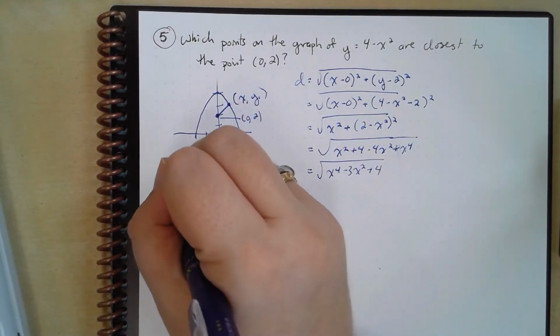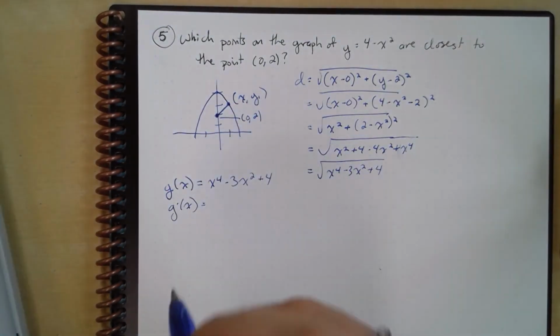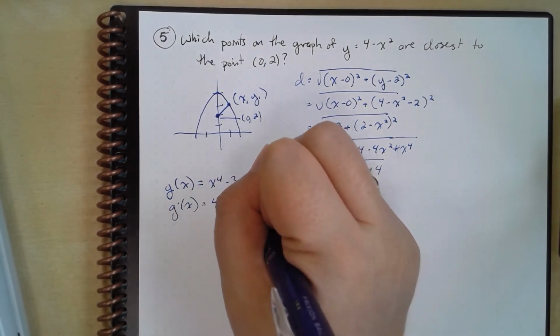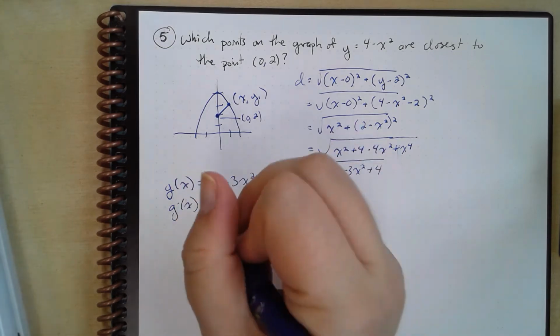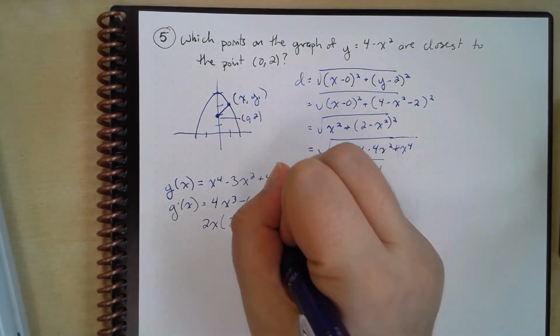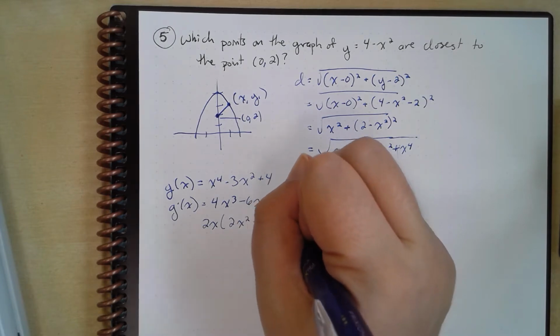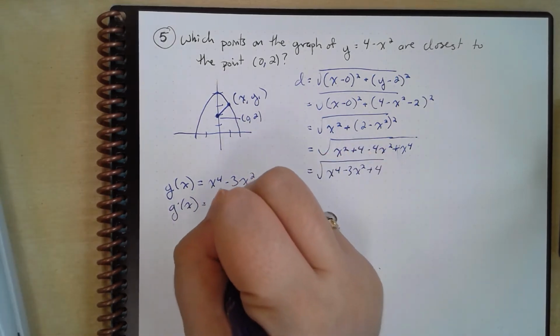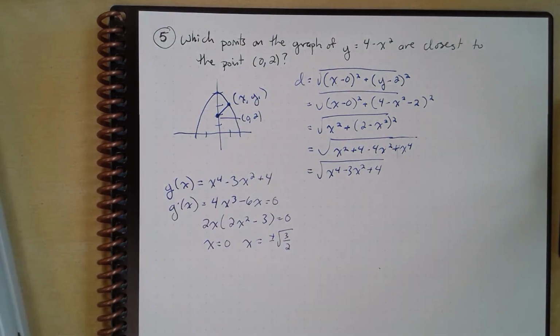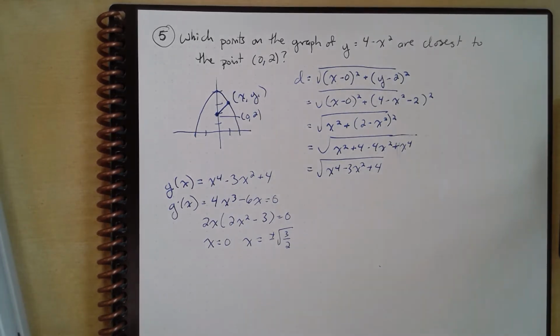So g prime of x is 4x cubed minus 6x, and I can set that equal to 0. So I take out a 2x. I'm left with 2x squared minus 3 is equal to 0. So x can be equal to 0, or x could be equal to plus or minus the square root of 3 halves. All right? I know, this is getting really, really complicated, right? But we can power through.